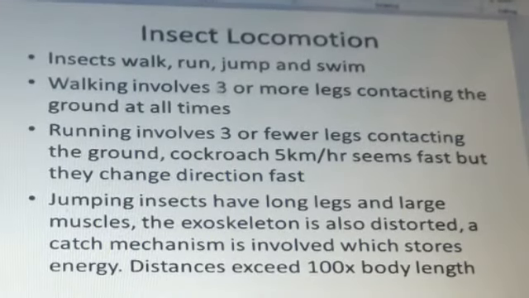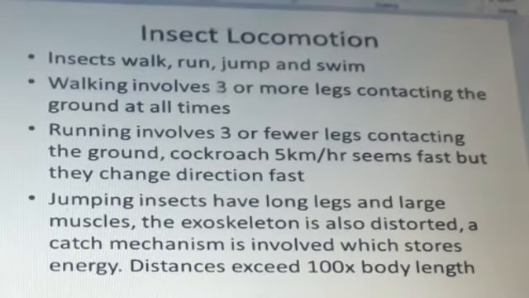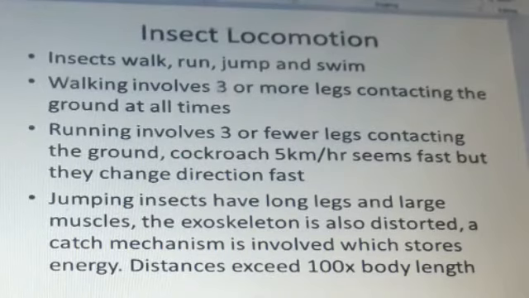Dorsoventral muscles pulling the dorsal exoskeleton downward produce the upward wing thrust. The downward thrust occurs when longitudinal muscles contract and cause the exoskeleton to arch upward. Such properties of the exoskeleton enhance the power and velocity of these strokes.